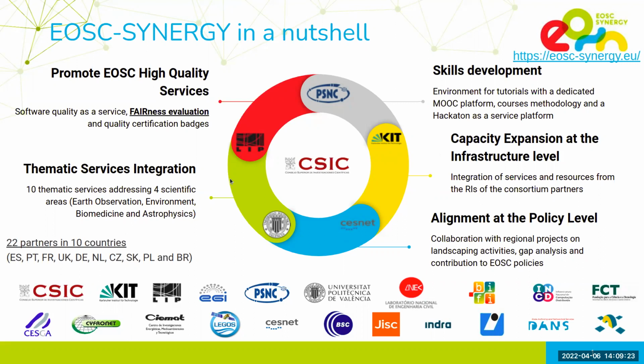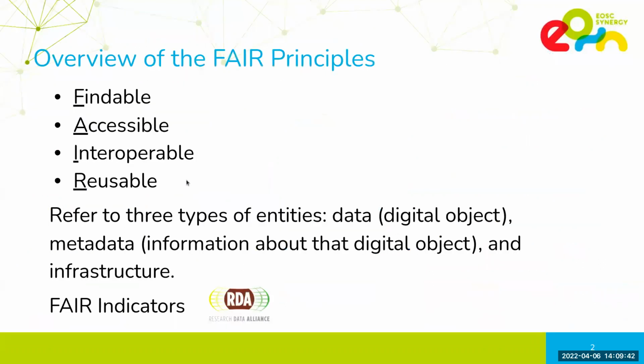So one of the objectives of the European Open Science Cloud is to create an environment for data to be FAIR and to help researchers and basically anyone access enough quality data. This is linked, of course, with the FAIR principles.